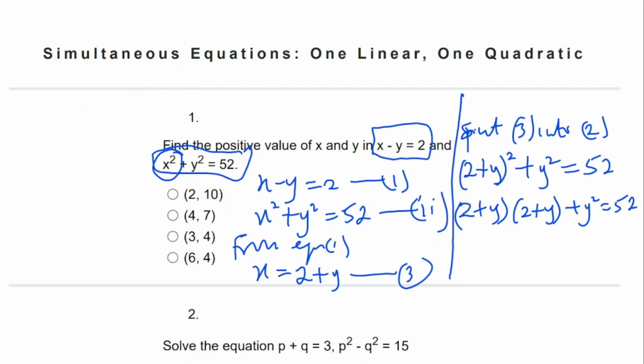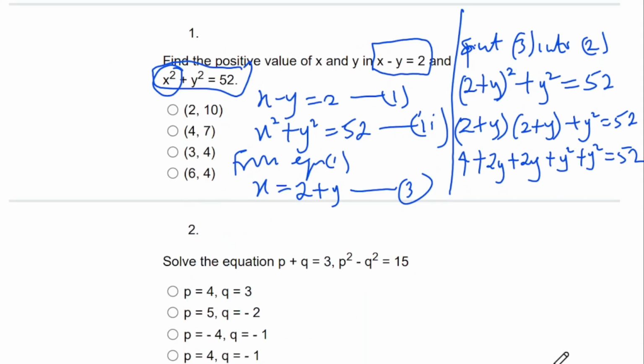The next stage here is to open the bracket. That's going to be 2 times 2, that is 4. 2 times y is 2y. Y times 2 is 2y. Y times y is y squared, plus y squared, equals 52. I believe I'm making sense. So the next thing for us to do now is this plus this equals 4y, and this plus 2y squared.